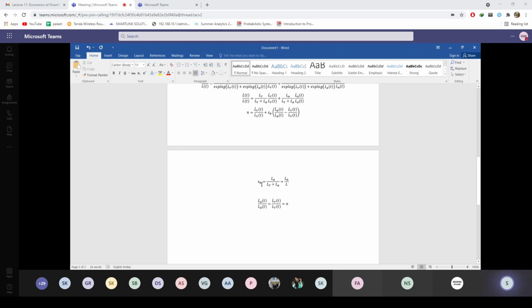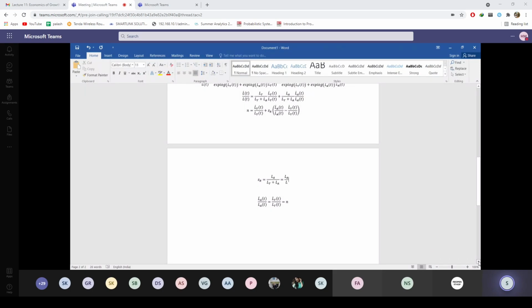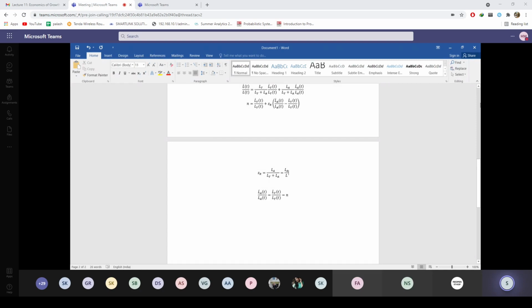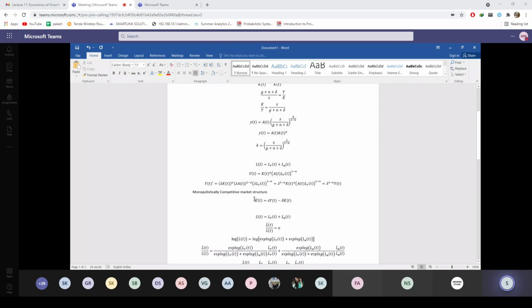That's the interpretation of this expression. The fraction of labor force devoted to produce technology. Fine. Very good.